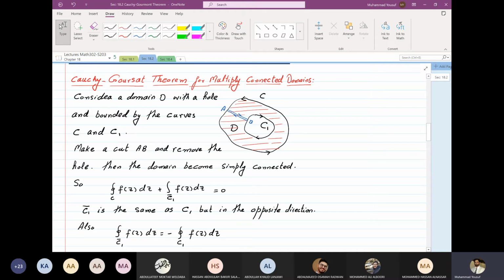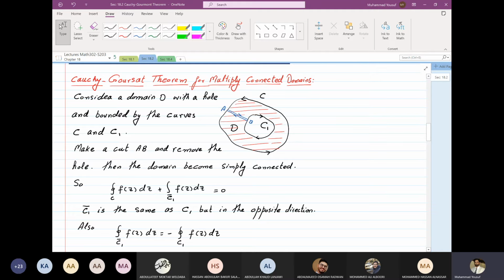Think of it like a piece of paper with a hole in it. Now, when we make a cut AB in blue color, suppose we cut the paper, we cut this region and open it.